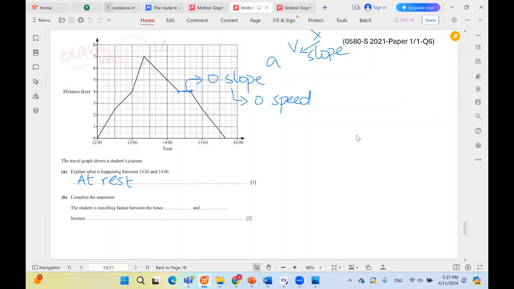For B, we are told to complete the statement: the student is traveling fastest between the times what and what. So you should look for the highest slope. And the highest slope, of course, exists between this point and this point. So we can write between 13, and we need to get the value of the point we have.